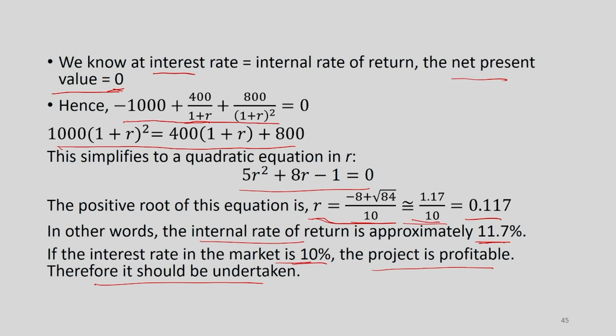So, that is the criterion that we are using here: if the internal rate of return in a project is more than the market rate of interest, then the project is profitable and therefore it should be undertaken. Okay, so that is the answer.